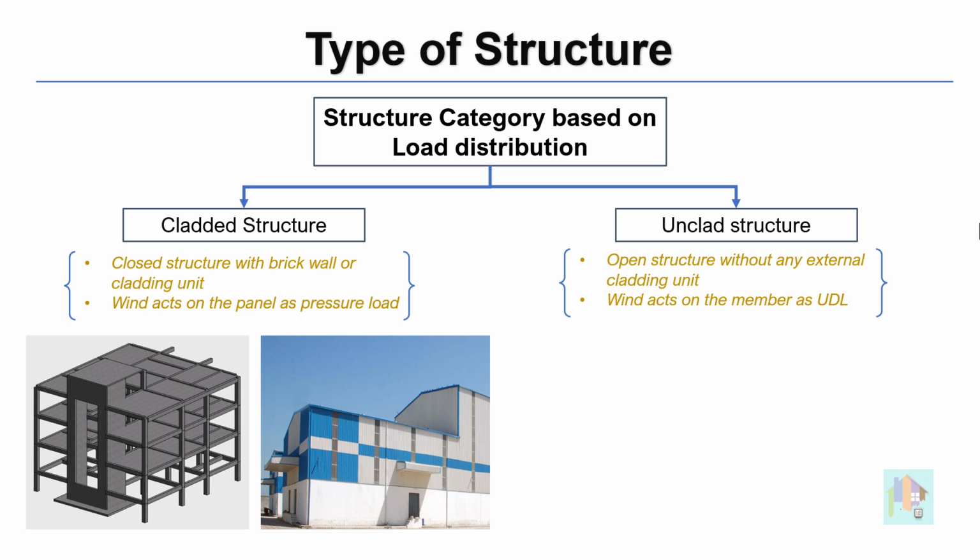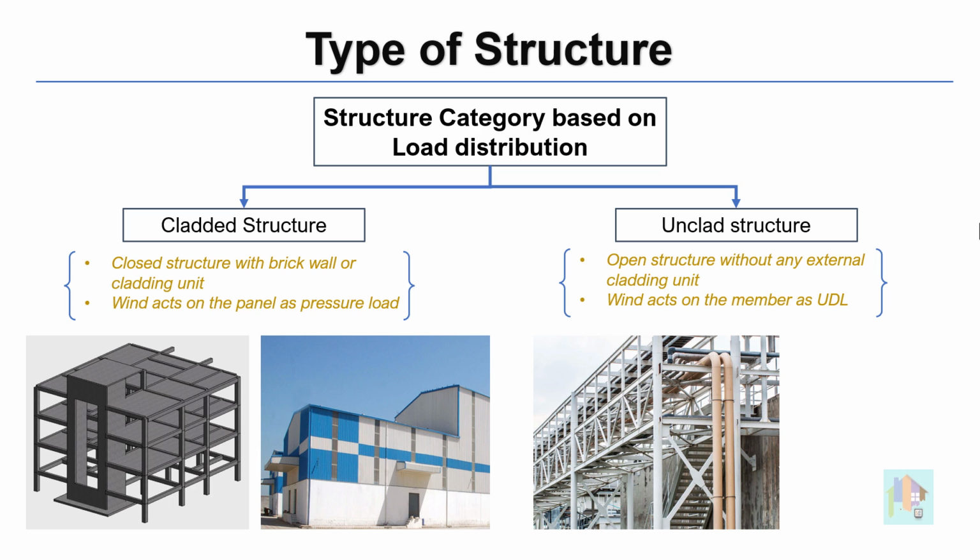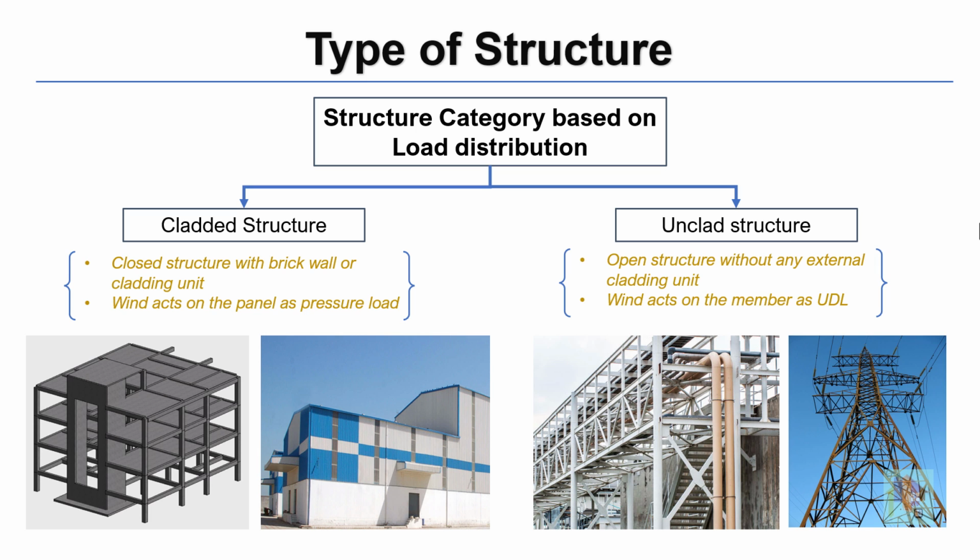For unclad structure, there is no external panel. Any open frame structure like a plant unit with exposed frame or pipe rack structure comes under this category. Also, there are a few other types of isolated open structure like a transmission tower or freestanding hoarding and wall.